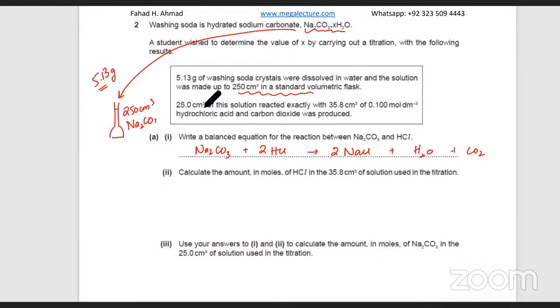Now the other part is, 25 cm cube of the solution reacted exactly, not the whole solution, 25 cm cube of this. So he further took just a 25 cm cube sample of the same Na2CO3 and he reacted it with HCl.